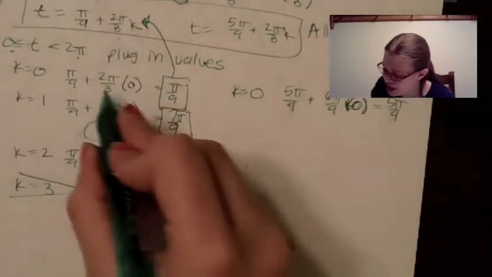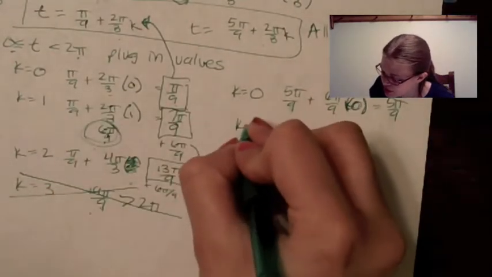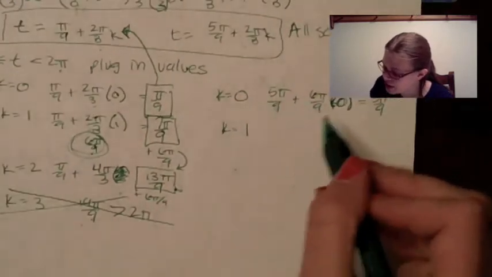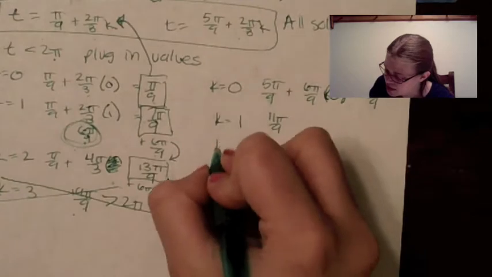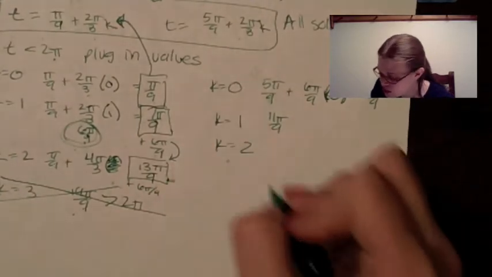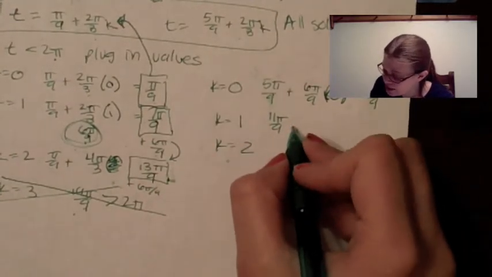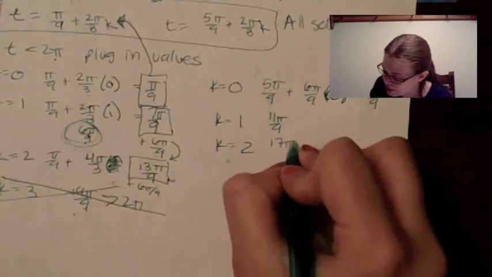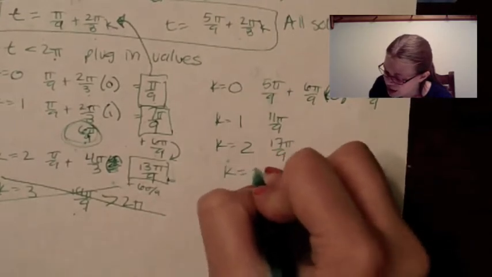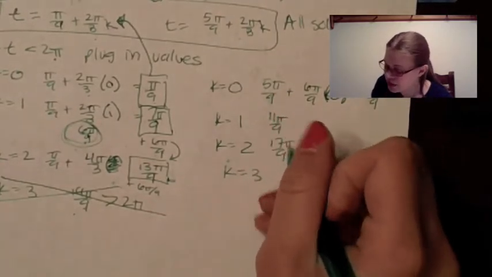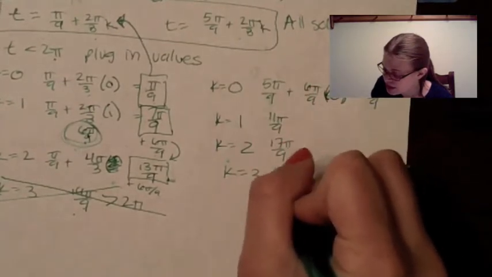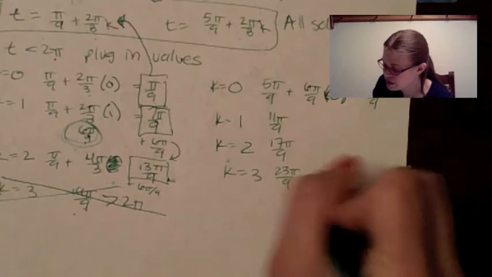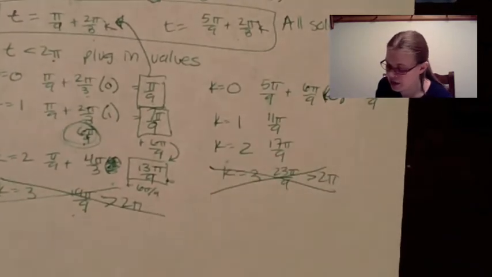Notice I'm still adding the same thing from this equation to this equation. So if I plug in 1, I'm going to do 5 plus 6, which gives you 11 pi ninths. And then I'm going to plug in k equals 2. If I add another 6 pi ninths to that, I'm going to get 17 pi ninths. If I do k equals 3, I'm going to do 17 pi ninths plus another 6, which gives you 23 pi ninths. And 23 pi ninths is bigger than 2 pi, so I'm not going to worry about that one.